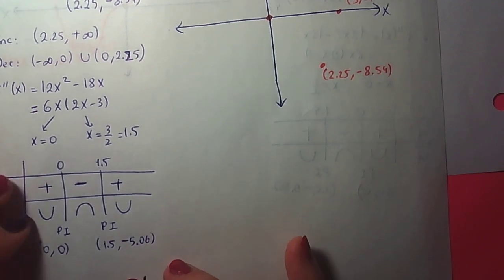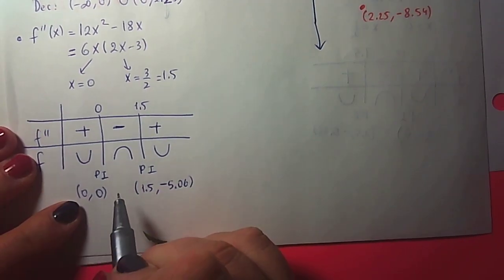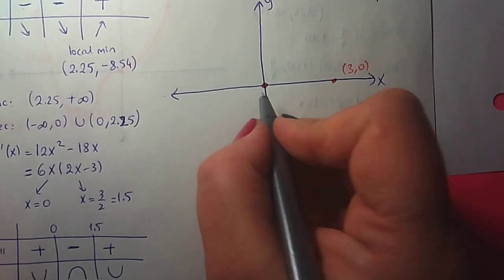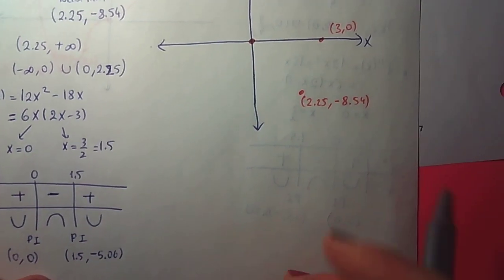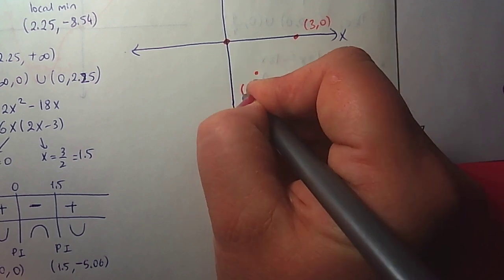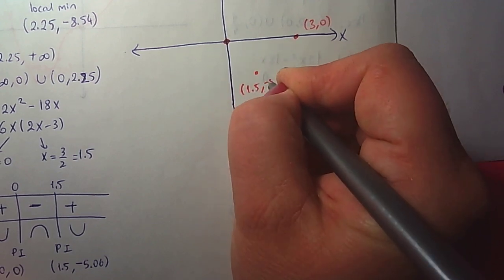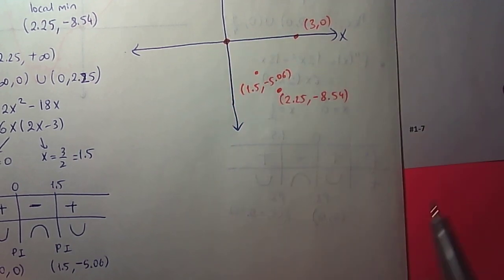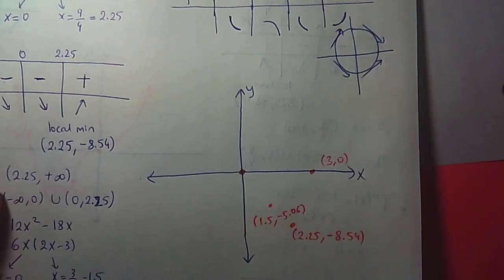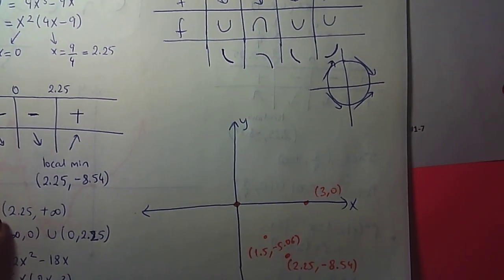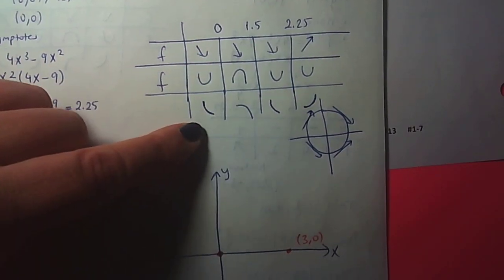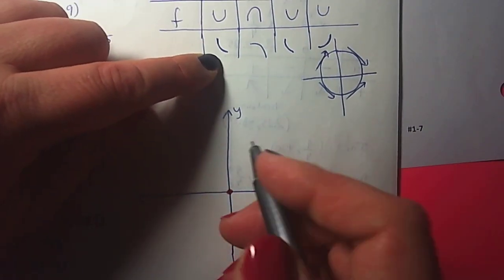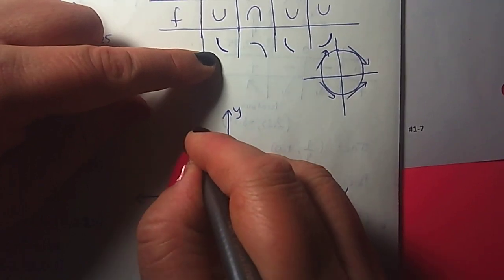Let's also put our points of inflection. We have one here, 0, 0. And then we have another one at 1.5 and negative 5.06. Okay, we said that when x is between negative infinity and 0, the shape of the curve should look like this.